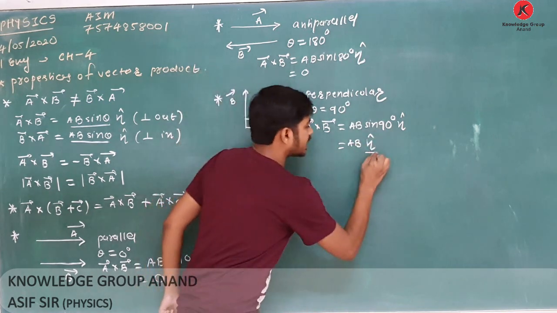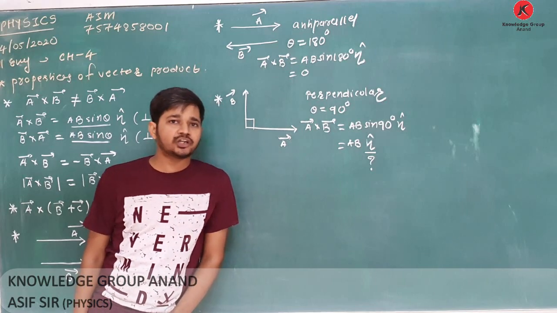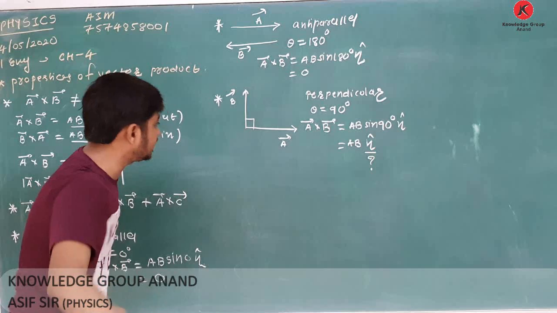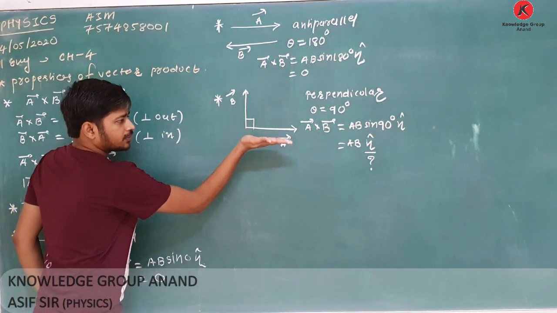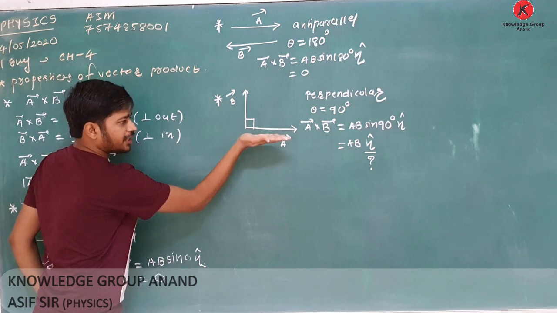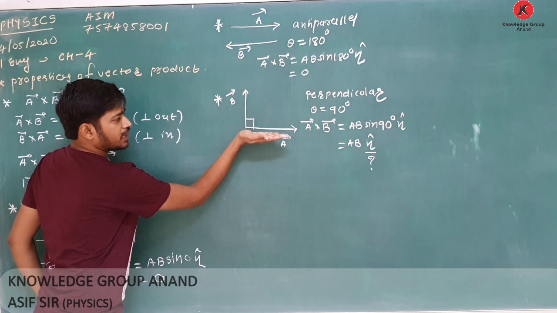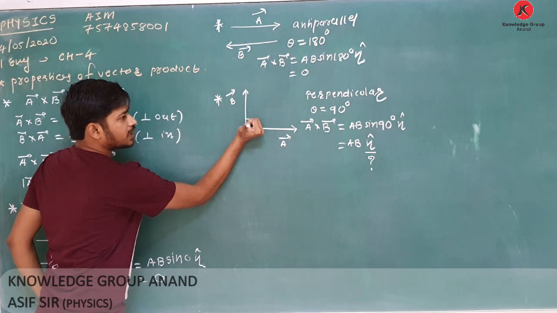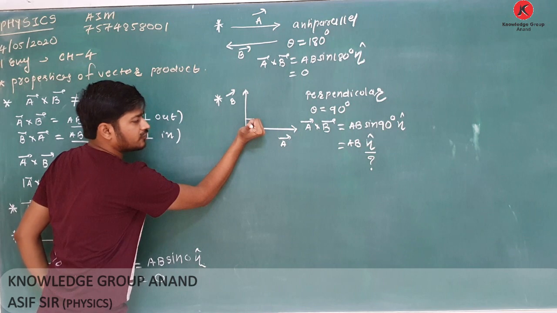Now what is n caret? n caret is the unit vector in the direction of A cross B. How do we find the direction of A cross B? Again, the first vector is A. Keep your right hand in the direction of the first vector, vector A. The second vector is B, so wrap your fingers towards B, in this direction.